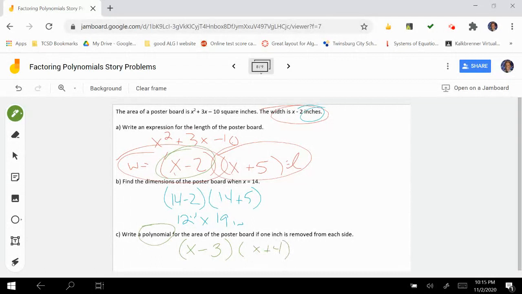So that's in binomial form. If you want it in polynomial form, as a trinomial, double distribute. X times x is x squared. X times 4 is 4x. Negative 3 times x is negative 3x. And then that last one would be negative 3 times 4, getting you negative 12.